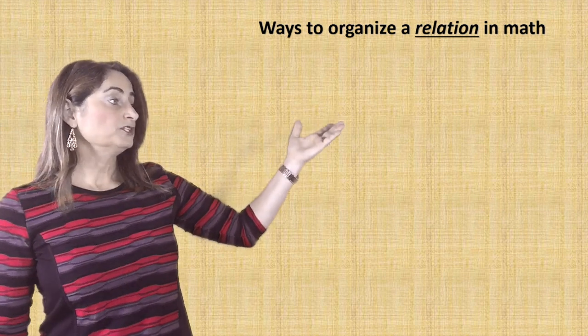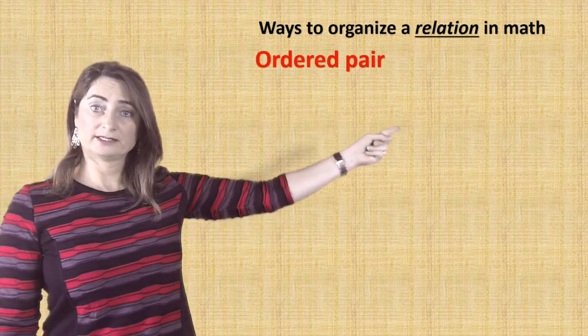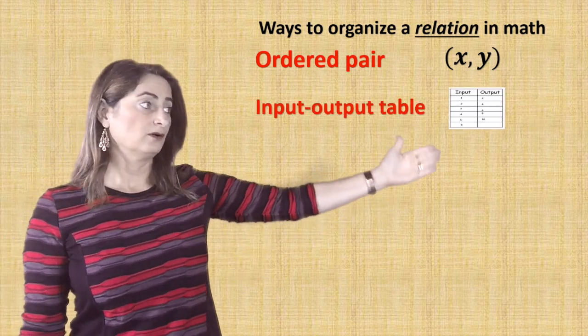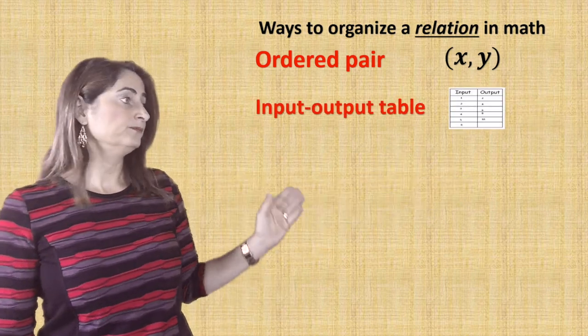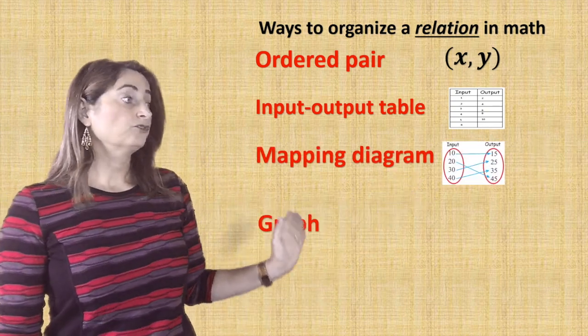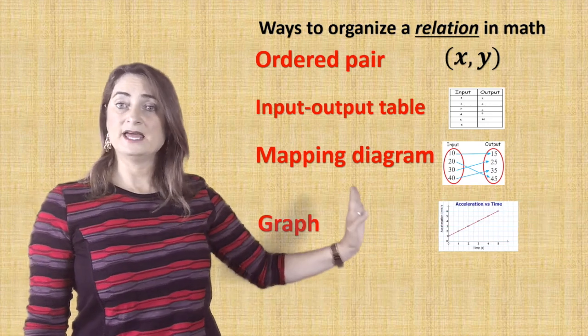We can organize a relation in math as an ordered pair, x and y. The input-output table that has the input and the output in a table. Mapping diagram that also has the input and output. Graph that has the x and the y.